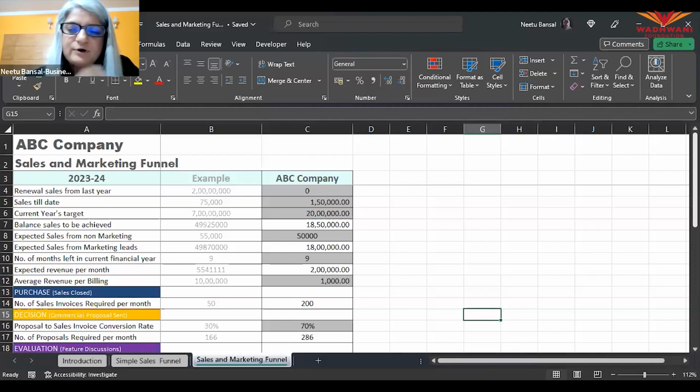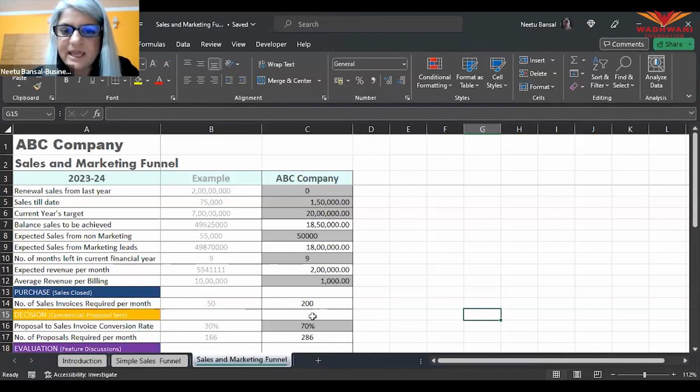Good point, Ram. For those of you who have, let's say, a product and a service, and the pricing between the two is very different, please don't average it out. What you need to do is create a separate sales and marketing funnel for your product, and a separate sales and marketing funnel for your services. You can just copy this sheet into another one and do it over there, including for those of you who have more than one product.